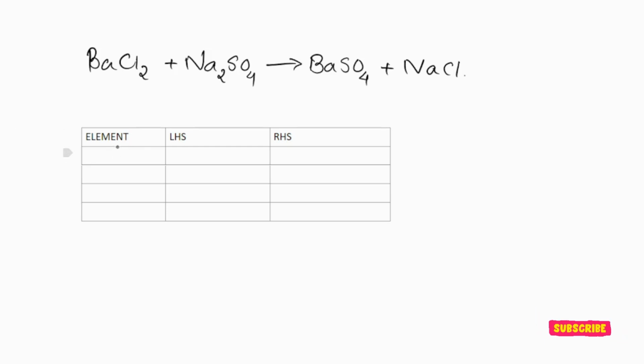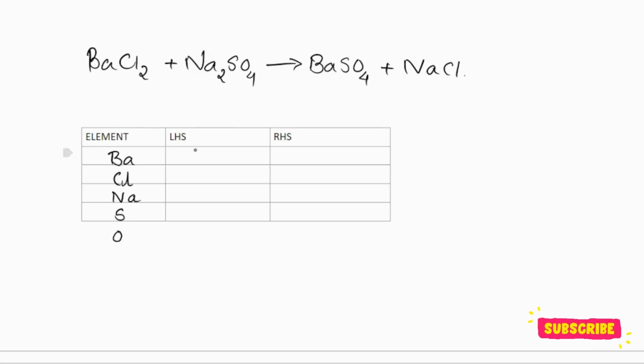So let's write down the elements. Barium is there, then we have chlorine, then you have sodium, you have sulfur, and you have oxygen. So let's write down the number of atoms on the left hand side and right hand side.